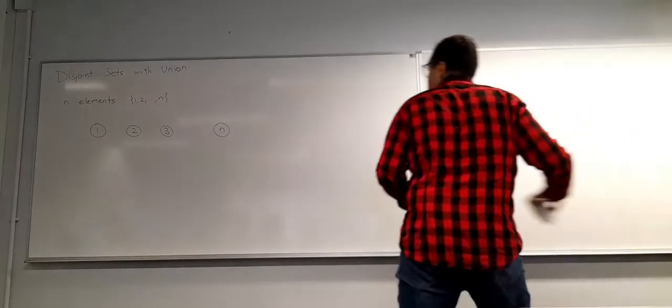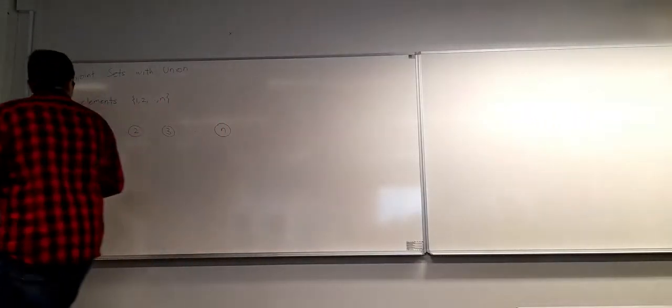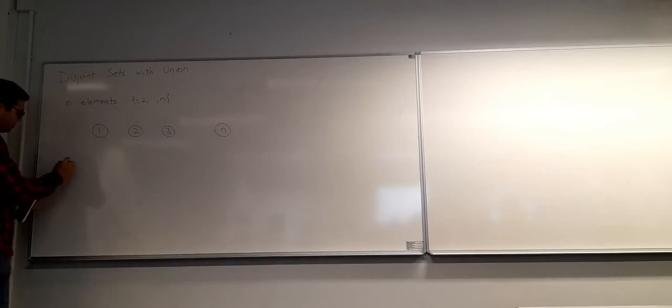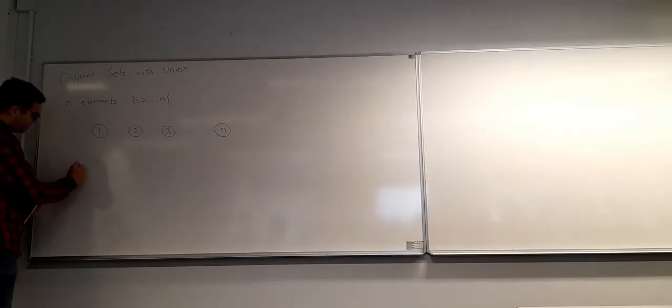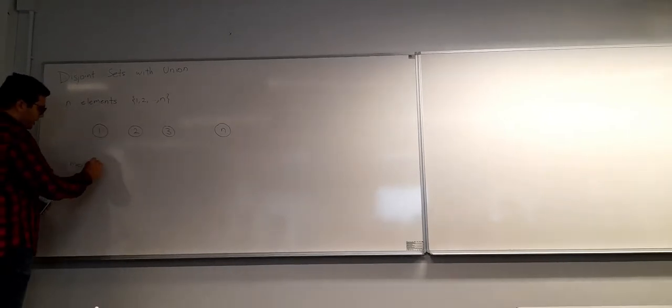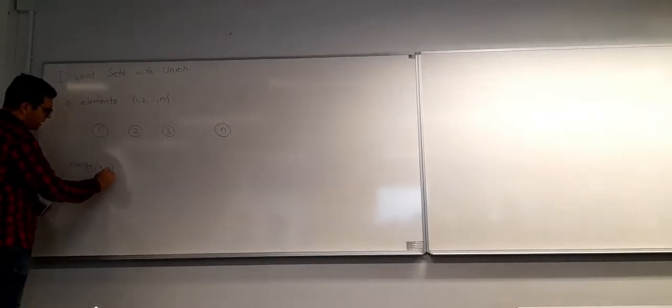And we should support two types of operations. The first type of operation that we want to support is to merge. So we are given two elements, let's say x and y, and what we want to do is to merge the sets that contain x and y.